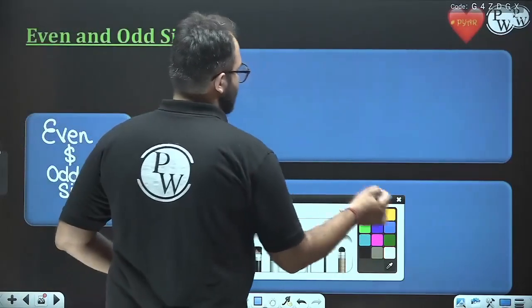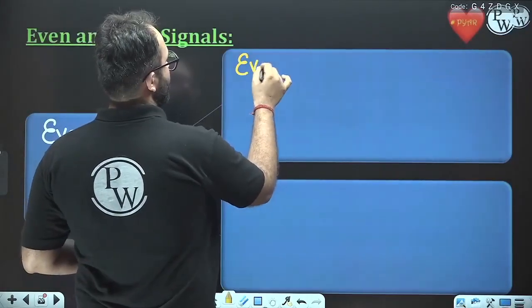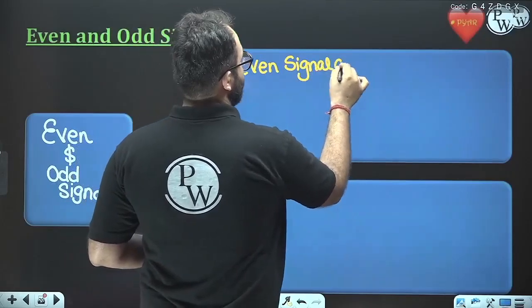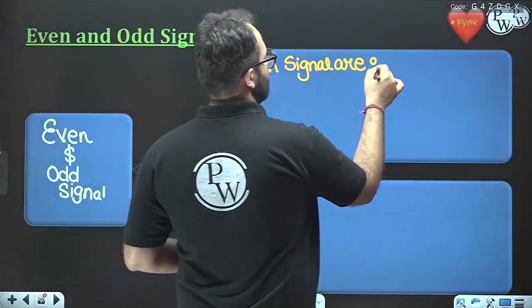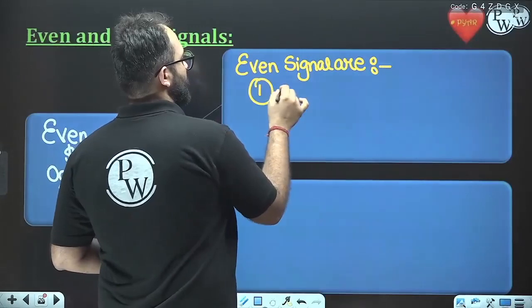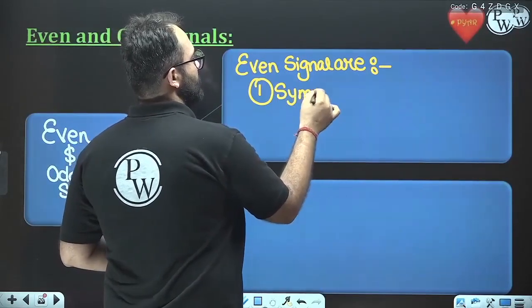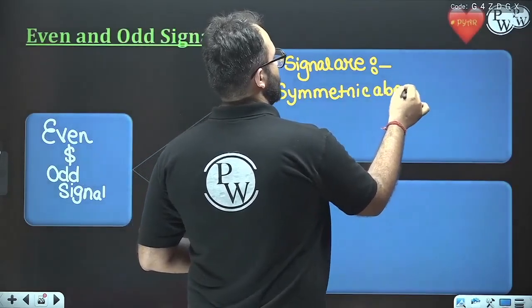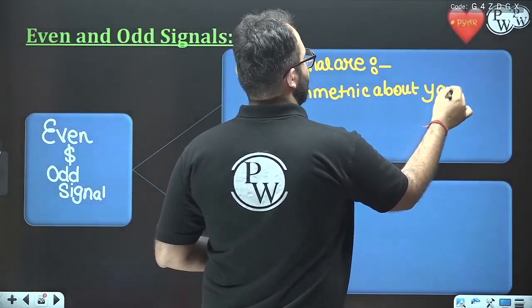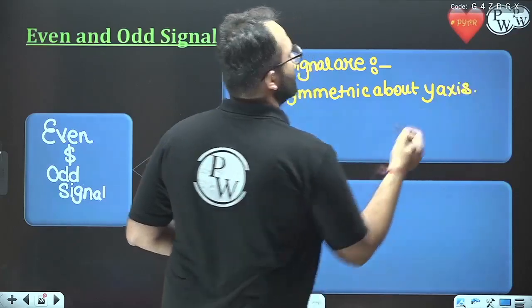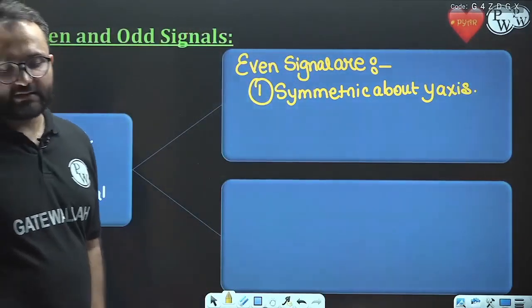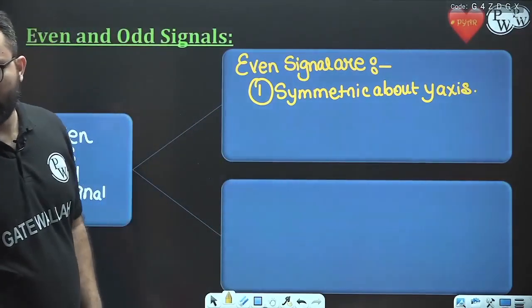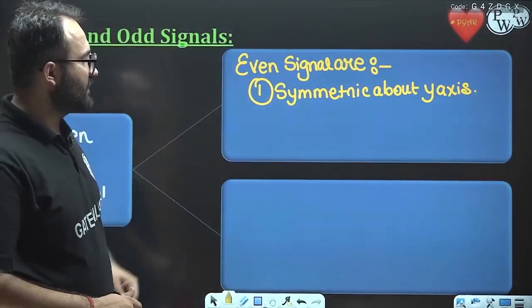Even signals are those symmetric about the y-axis or the amplitude axis. Always remember that.